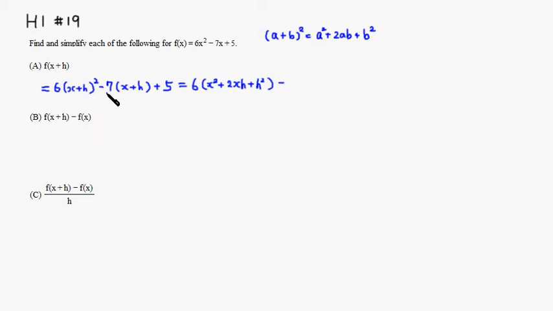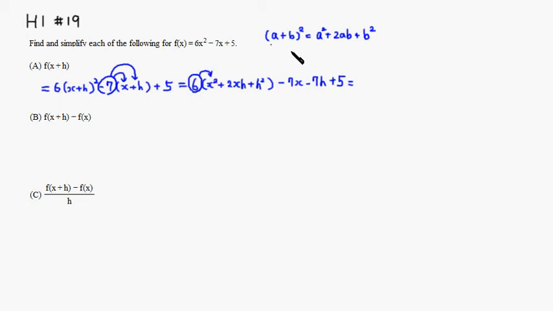So that's that, and a minus. So negative 7 is distributed to x, it's negative 7x, and distribute the negative 7 to h, so you have negative 7h. And then you have plus 5. And the last step is I would distribute 6 to all three terms.